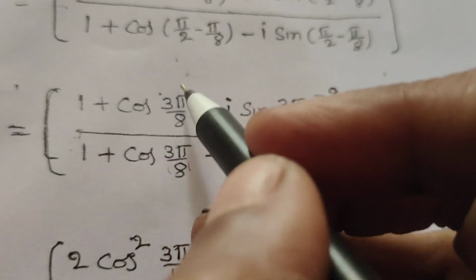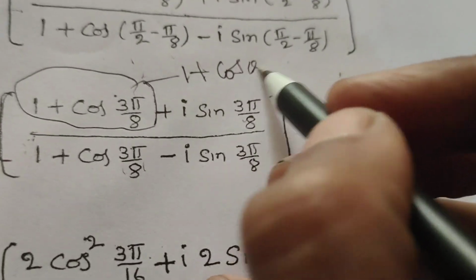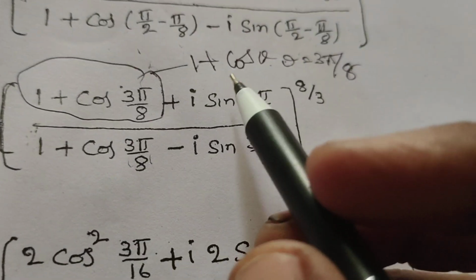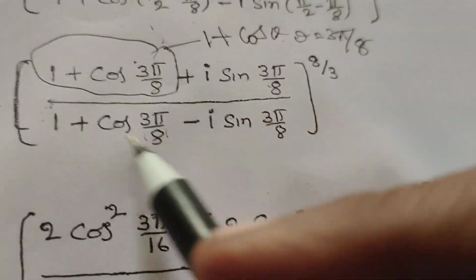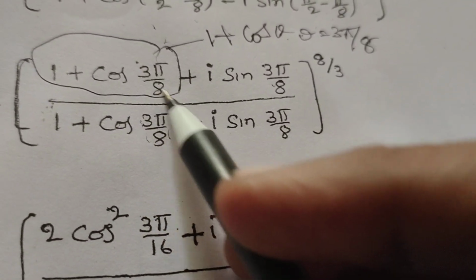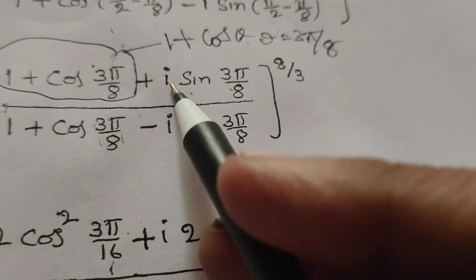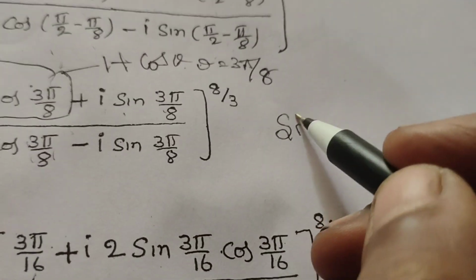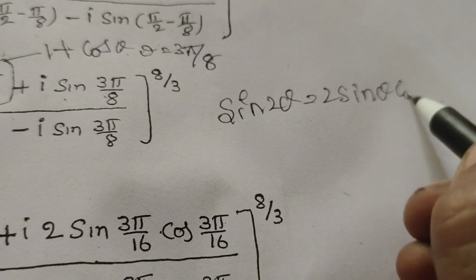Here we apply the formula 1 + cos θ = 2 cos²(θ/2), where θ is 3π/8. So 2 cos² of 3π/16, since 3π/8 divided by 2 is 3π/16. For the i term we apply the formula sin 2θ = 2 sin θ cos θ.